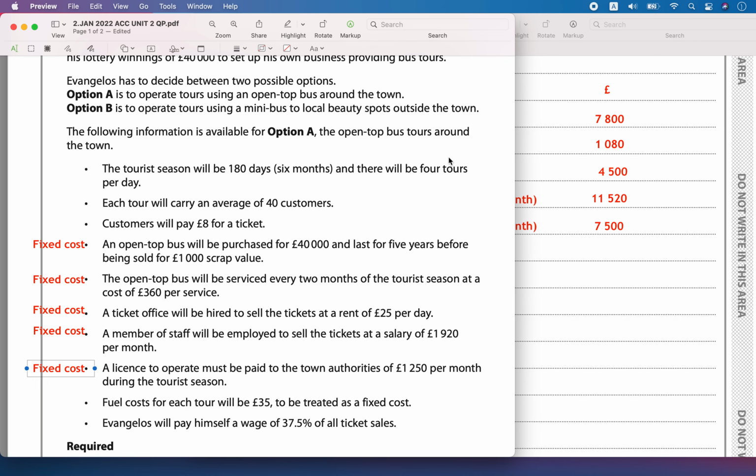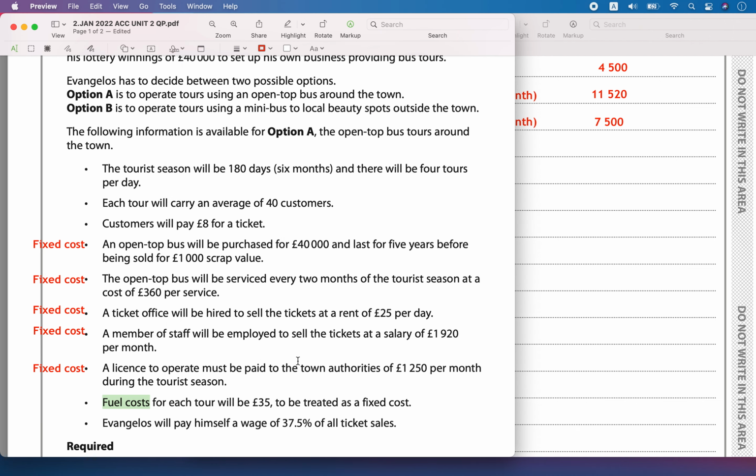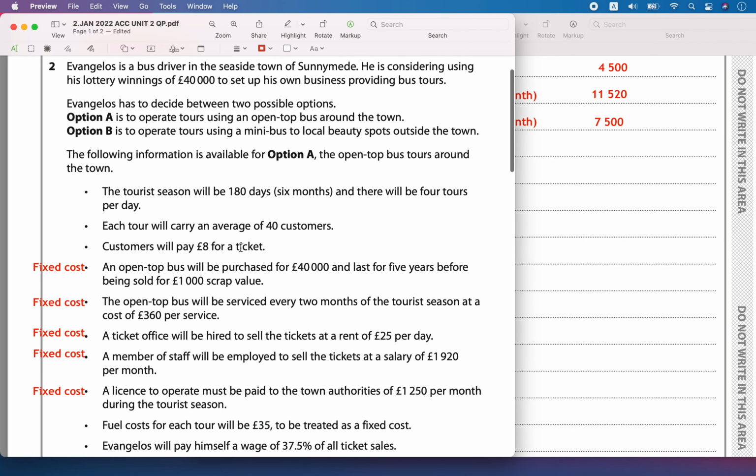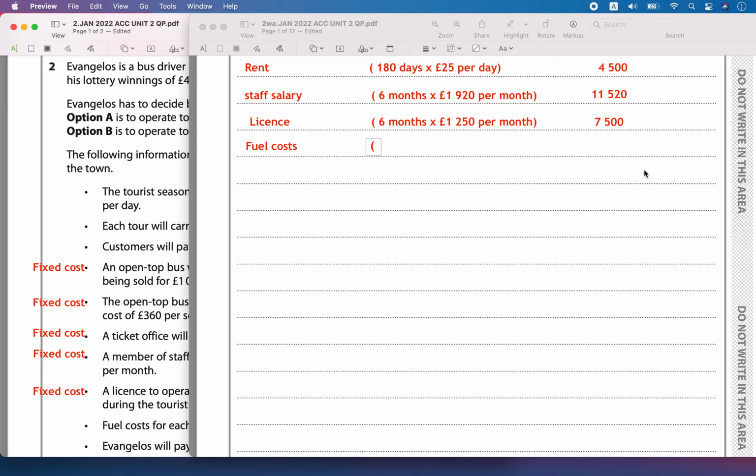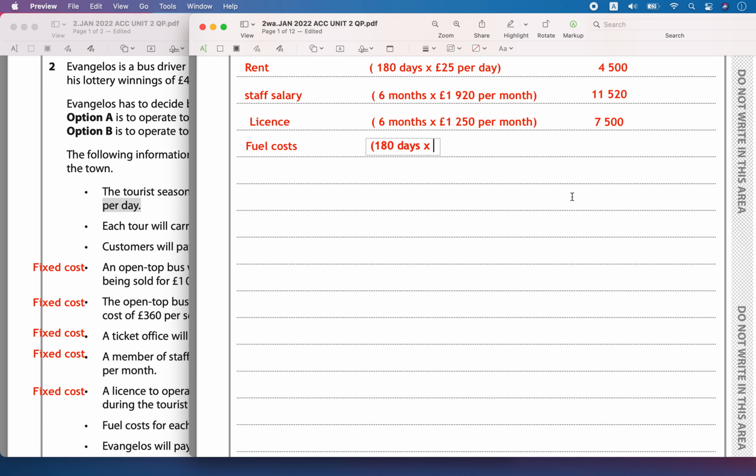So fuel cost is going to be 35 pounds per tour. So how many tours are they making? They are operating 180 days and there will be 4 tours per day.